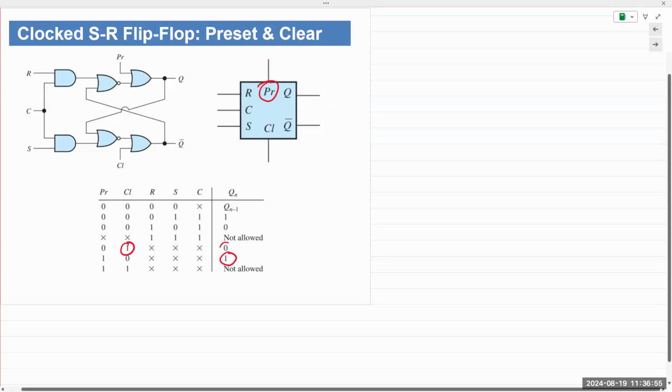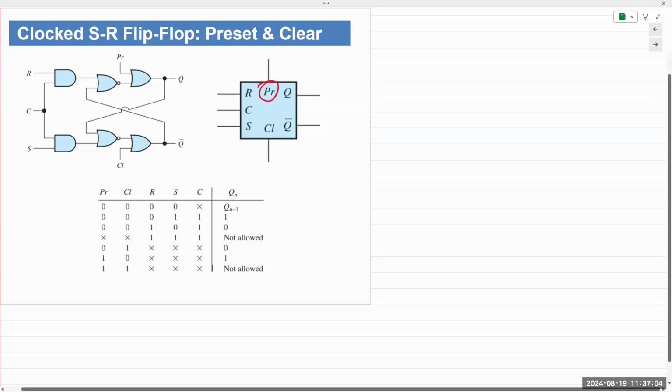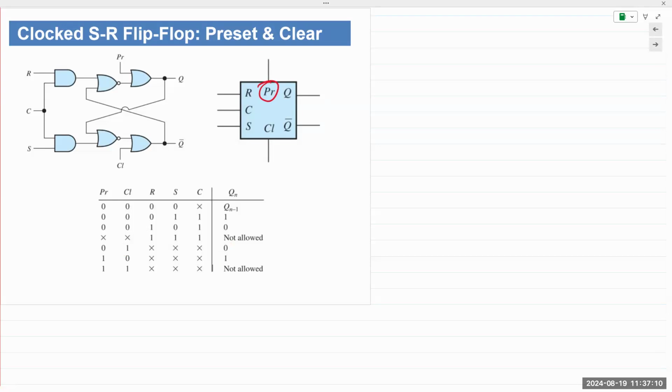Clear button means output goes to 0. You're clearing out everything. In that sense, it is kind of like reset and set inputs to the flip-flop. But preset and reset is different from preset and clear. Preset and clear basically are like push buttons. You press it once, and the output goes to 1. If you press clear, the output goes to 0.